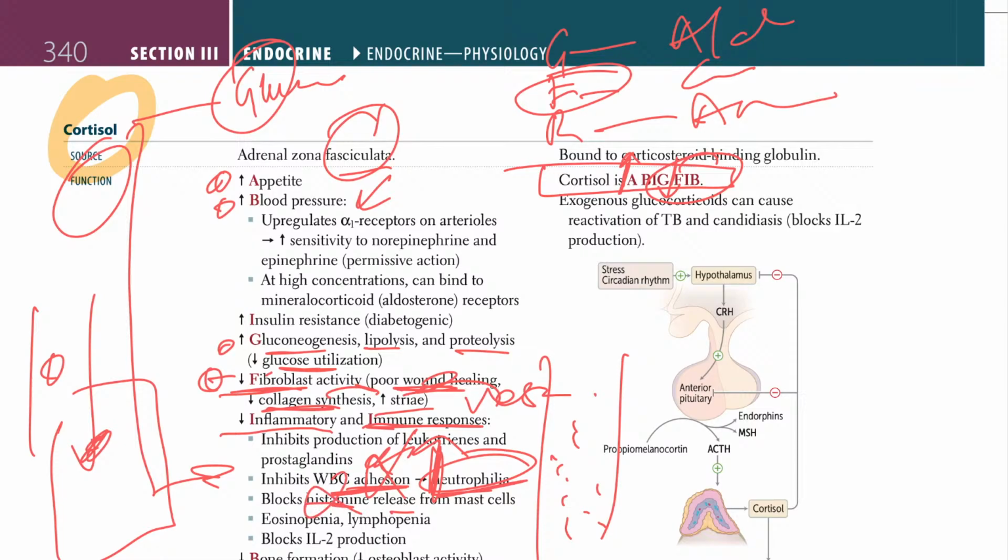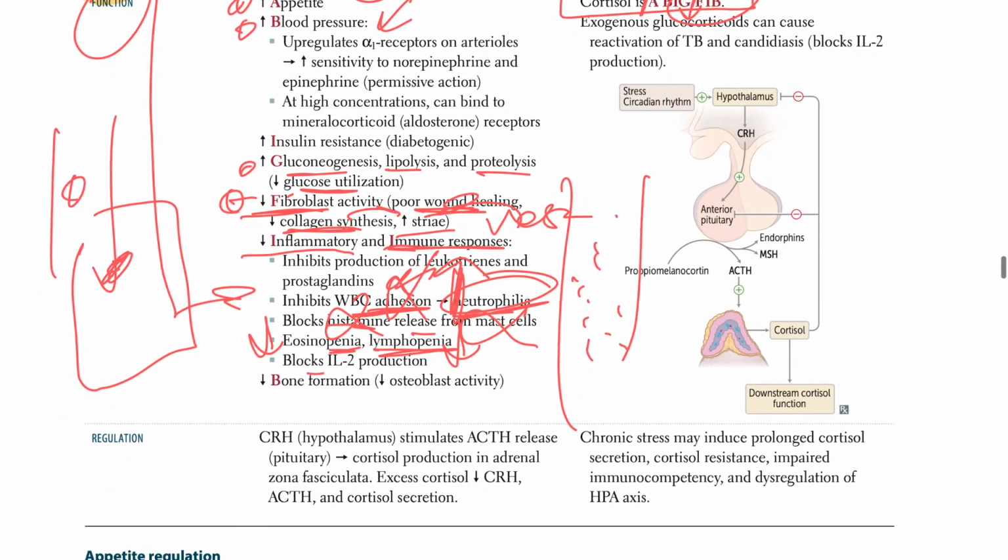Blocks the histamine release from the mast cells. Eosinopenia, meaning low eosinophils. Lymphopenia, low lymphocytes. Blocks IL-2 production. Now recall, what is IL-2 doing? IL-2 causes T lymphocyte proliferation.